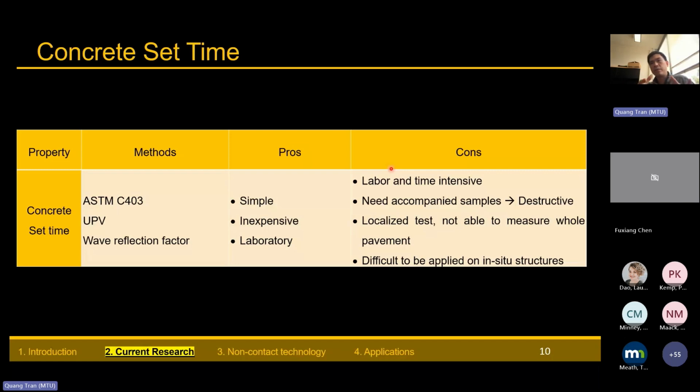They need a companion sample, which means you have to extract it from the pavement in order to run the test, and it's destructive testing. All of them are point testing, which means you can only test at one specific location, and you cannot use the set time for different locations because you have to extract another sample from a different location to run the test. And most of them are very difficult to apply to in situ structures.